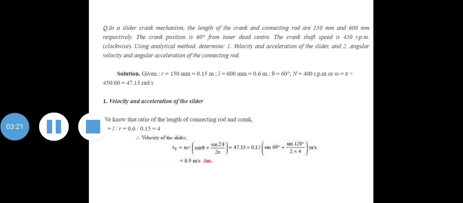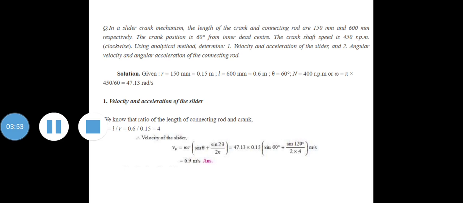Here is the problem where we have to find the velocity, angular velocity and angular displacement. I will read out the problem. In a sliding crank mechanism, the length of the crank and the connecting rod are 150 mm and 600 mm respectively. The crank position is 60 degrees from inner dead center.